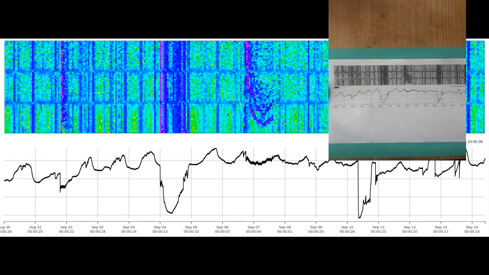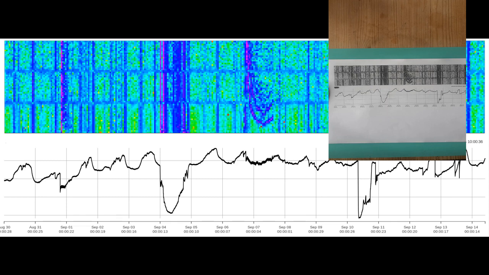Both are the result of processing the original voltage curves in certain ways to extract certain properties of the curve and make them visible in different ways.